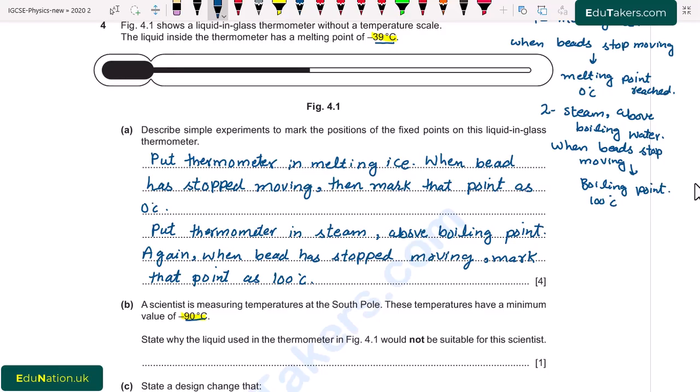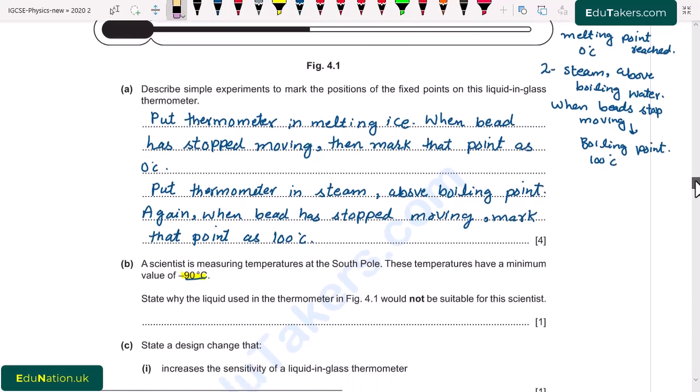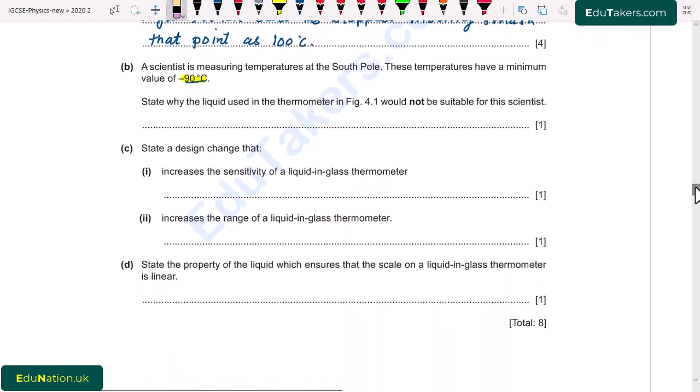So I'm writing here: when this is taken to the South Pole, where the minimum temperature is minus 90 degrees C, at this temperature it's going to freeze and would not be in a liquid state.